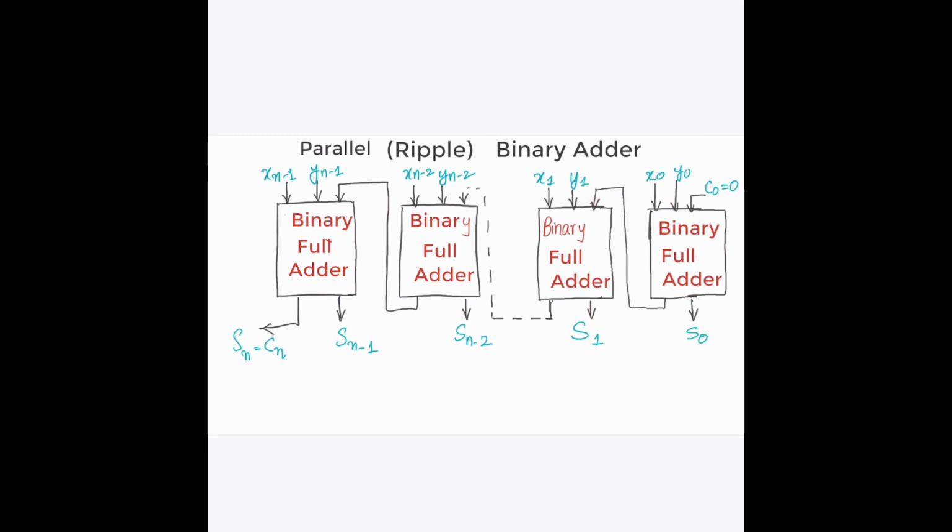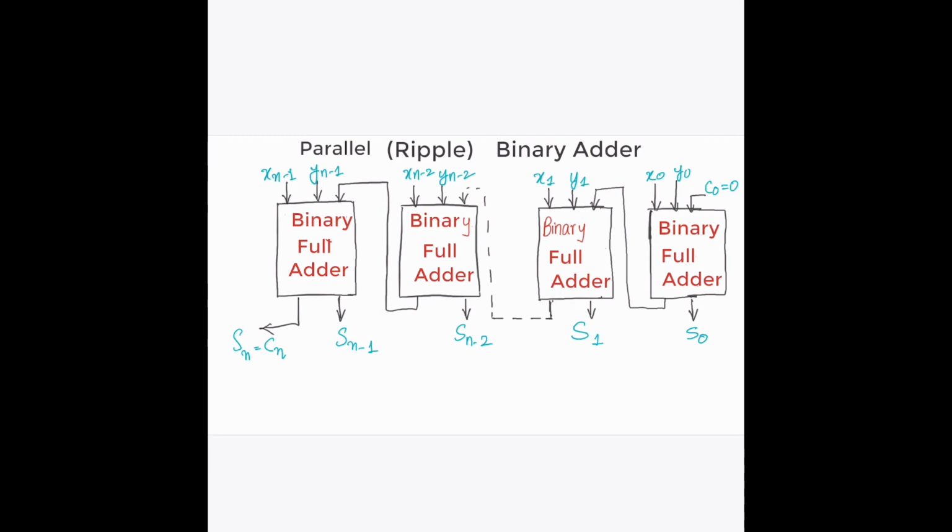In this network the inputs are fed simultaneously into the binary full adders. When inputs are applied simultaneously to a logic network, we call it a parallel input. So the adder network is also known as a parallel binary adder.